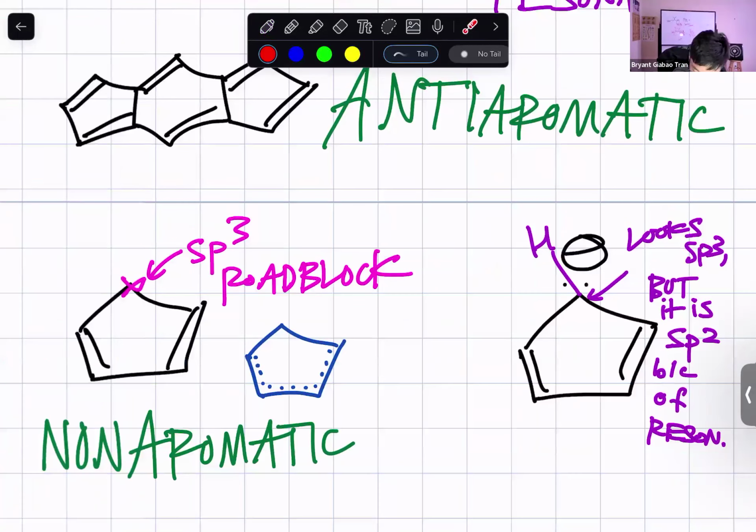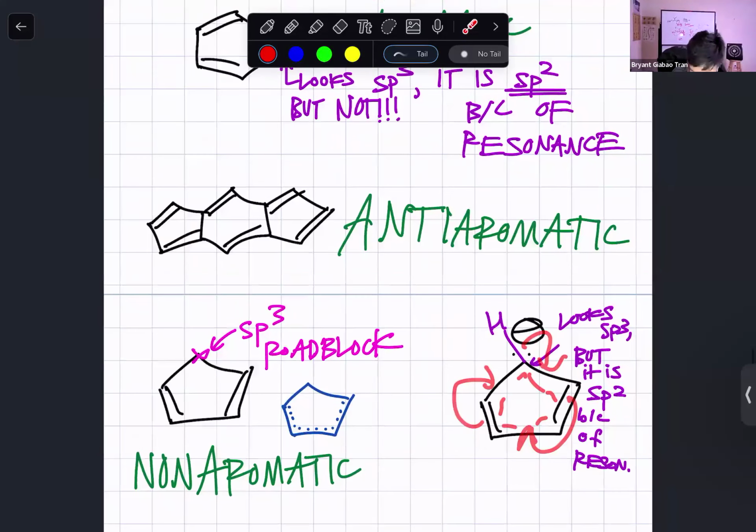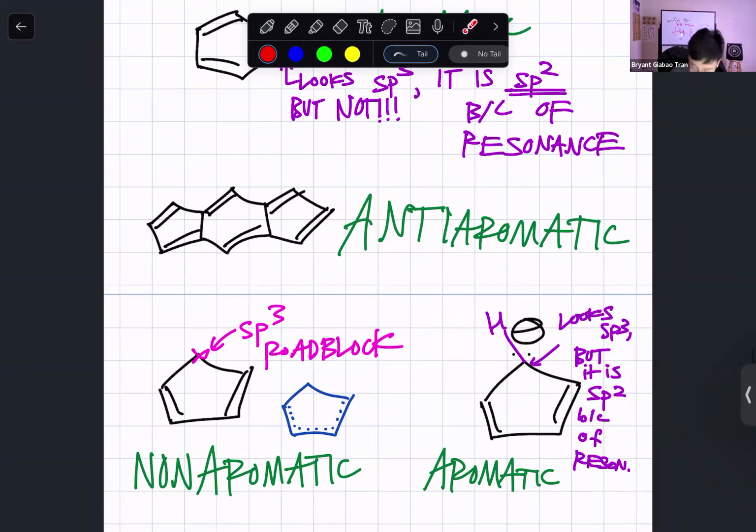So it is cyclic, and it is fully conjugated because we can do resonance throughout the ring. So it's either going to be aromatic or non-aromatic. We have 3 pairs of electrons that are doing resonance, which is an odd number of pairs, making it aromatic. So this structure here is aromatic, right? This pair of electrons counts as a pair that's doing resonance with the ring. Okay.